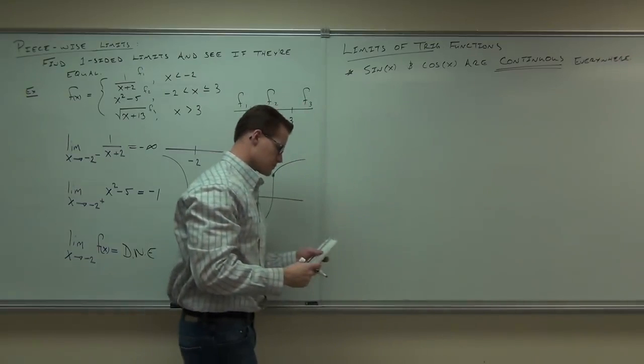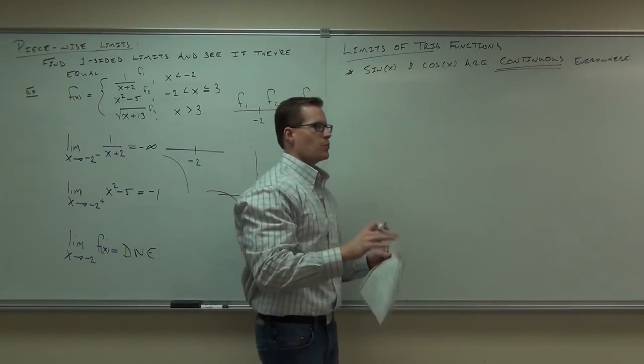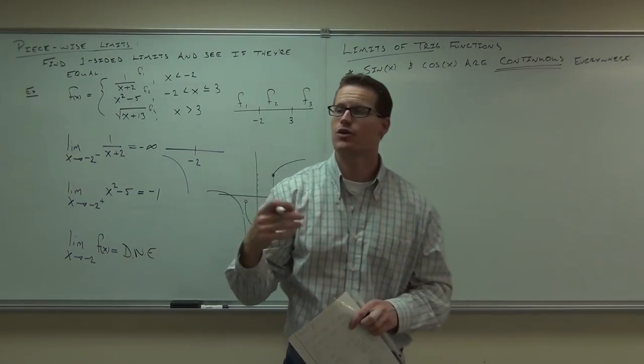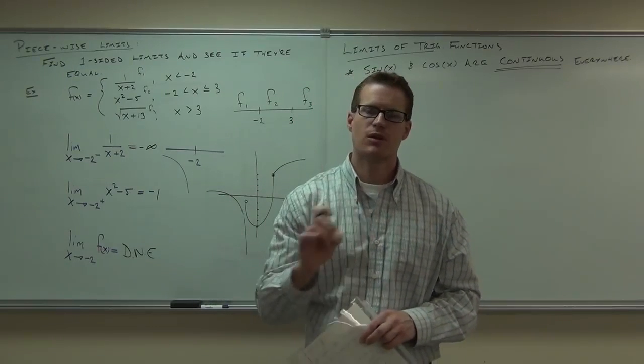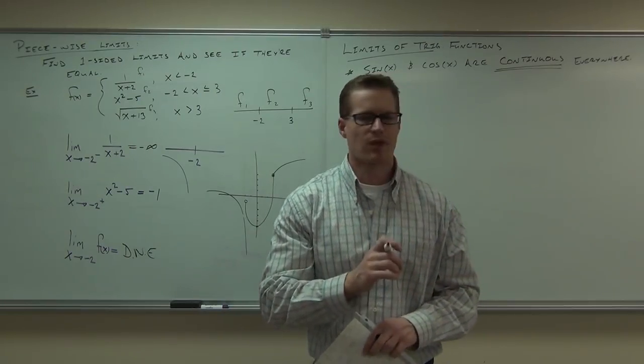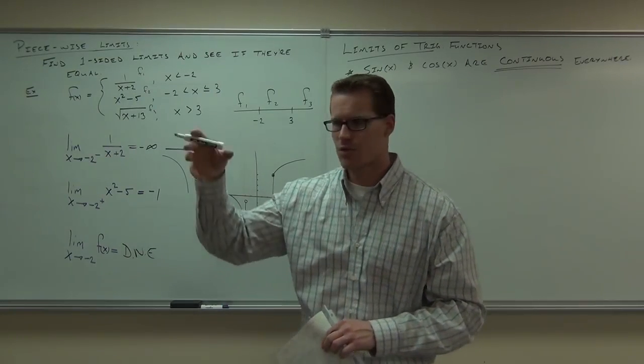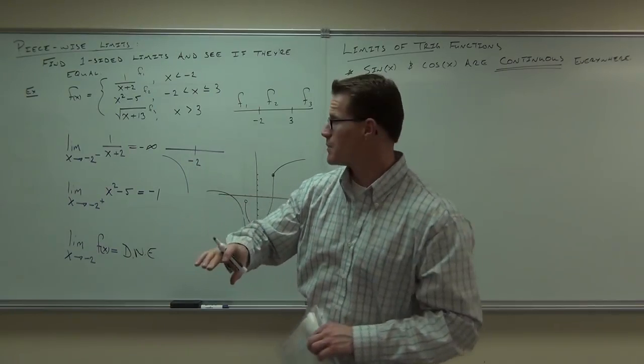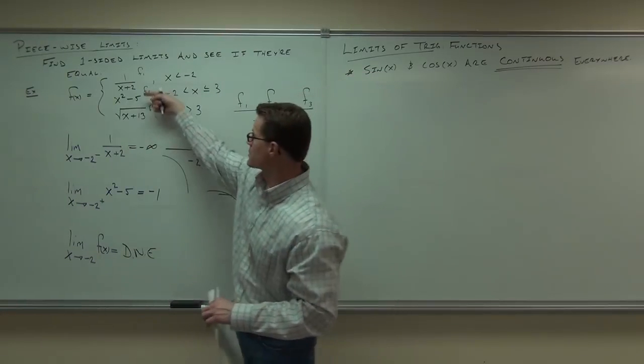So, because there are no problems, we can use something that we use for polynomials. You see, polynomials were continuous everywhere. If you think about any polynomial, I'm not talking about a rational function, okay? I'm not talking about denominators, I'm not talking about roots that we have over here.